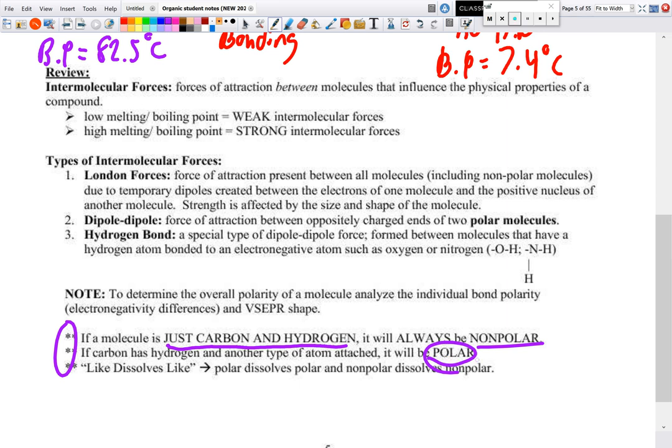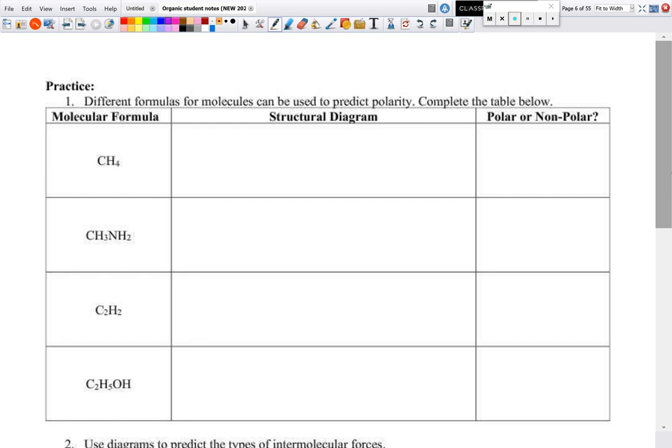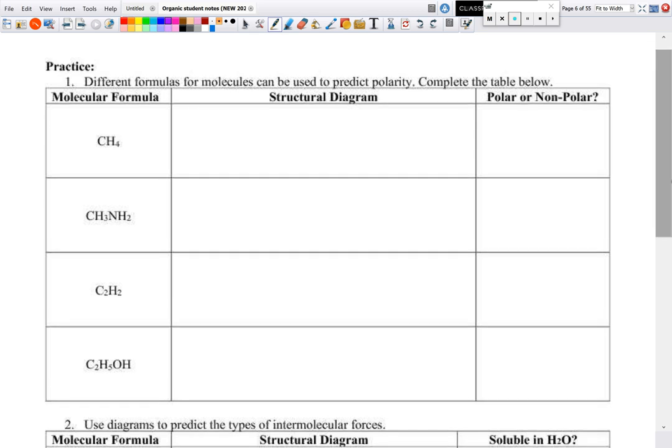That will always be the case no matter what. So when we look at our aliphatics and aromatics, nonpolar. If we have carbon and hydrogen and another type of atom attached, it will be polar. Now, we are going to learn another little asterisk on that, it depends on the size of the molecule as well, but just for right now, if you see just carbon and hydrogen, nonpolar. Carbon and hydrogen plus another atom, it's going to make it polar. You can make snap decisions on polarity.